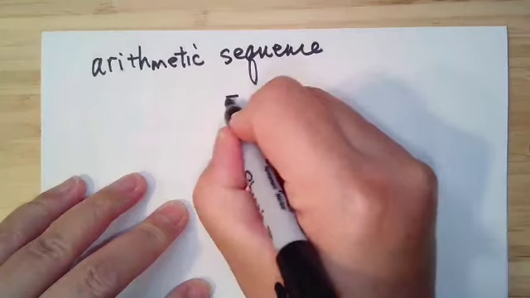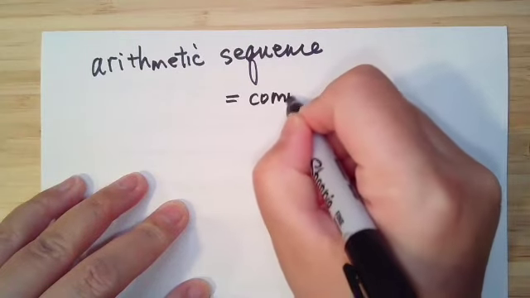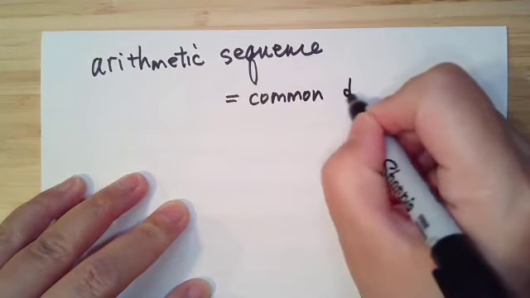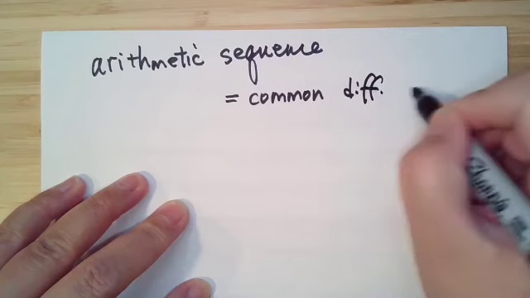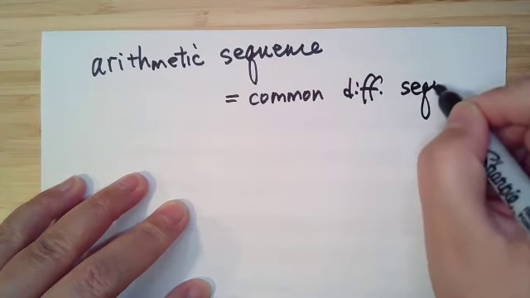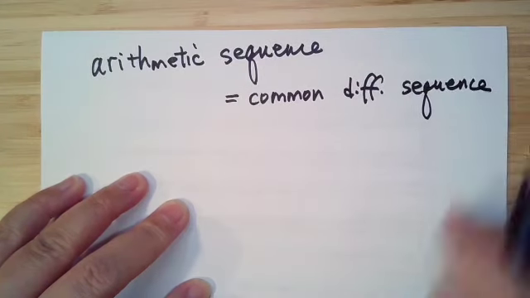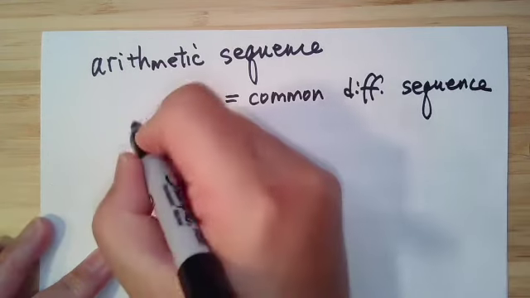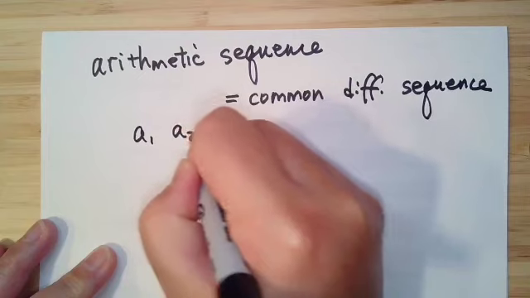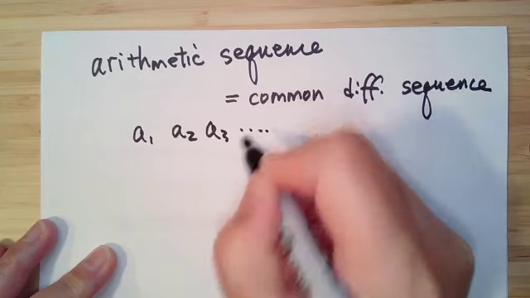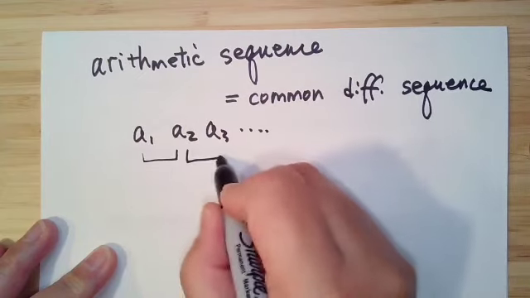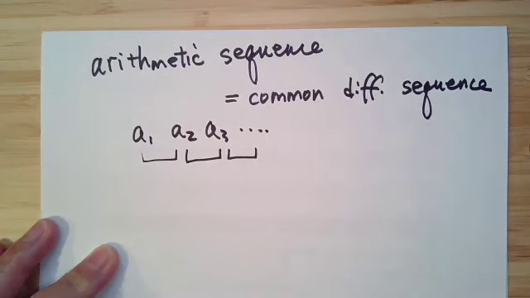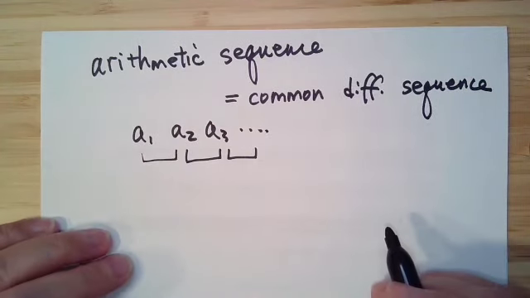It has another name, common difference sequence. For a common difference sequence, you can tell we have A1, A2, A3, and all the terms, and every term has the same difference.